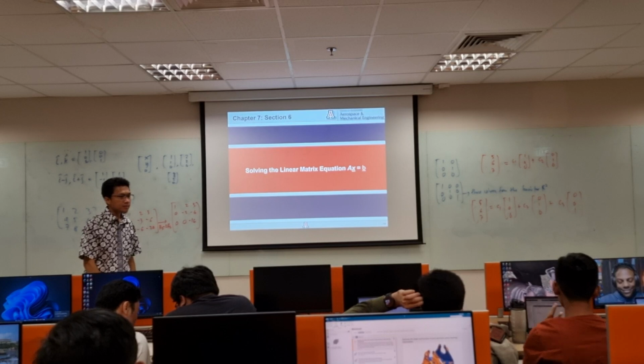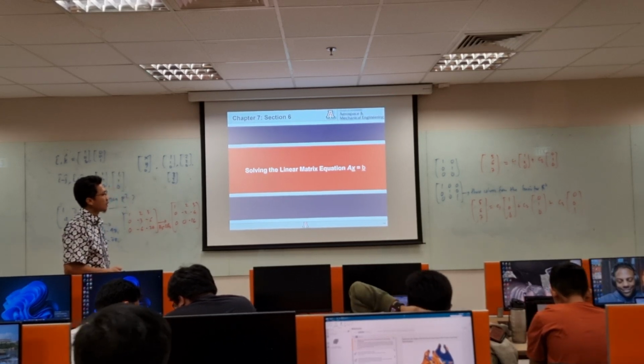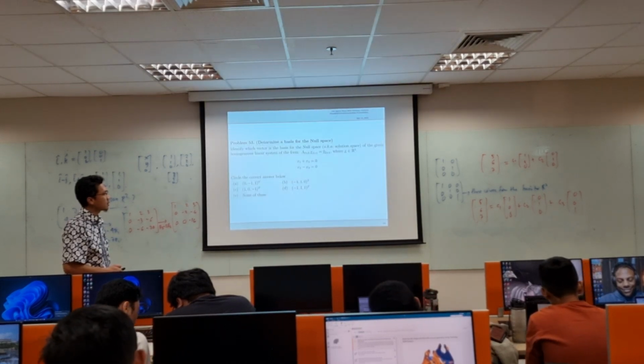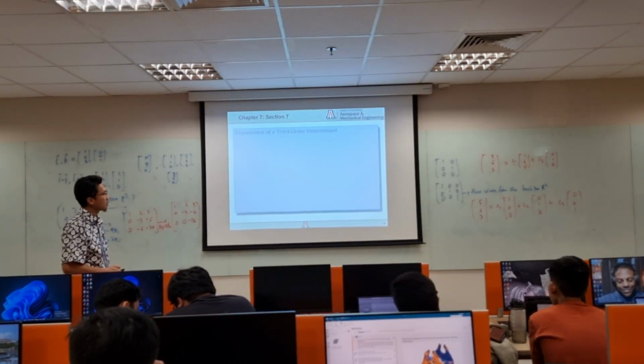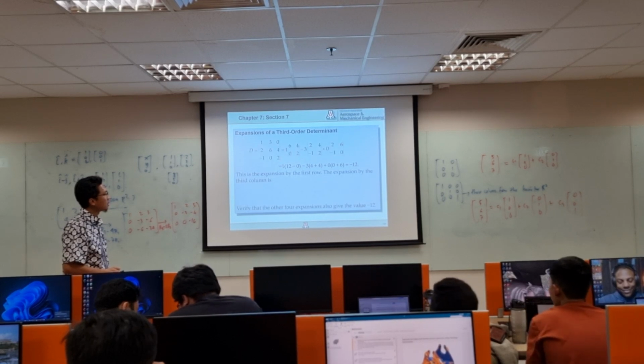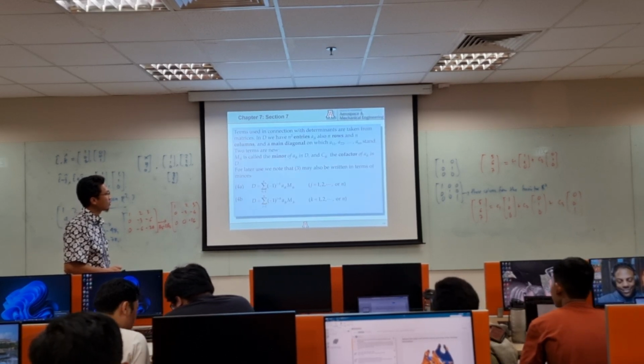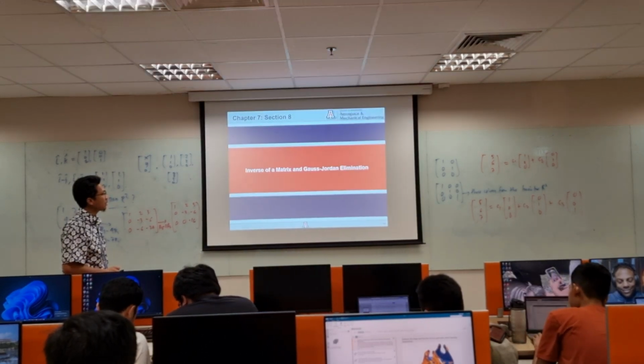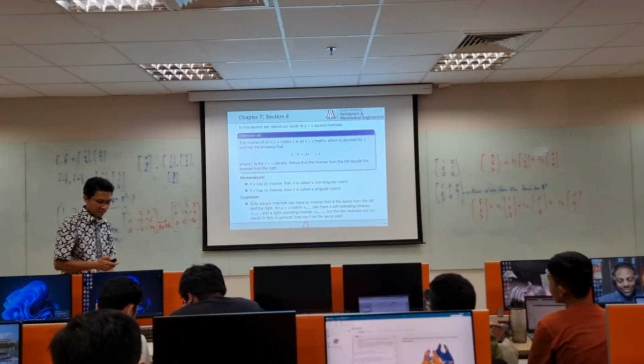Okay. I want to move first to the inverse because that's easier. Wait, I don't want to add this one first. It is easier to get the inverse using Gaussian elimination.